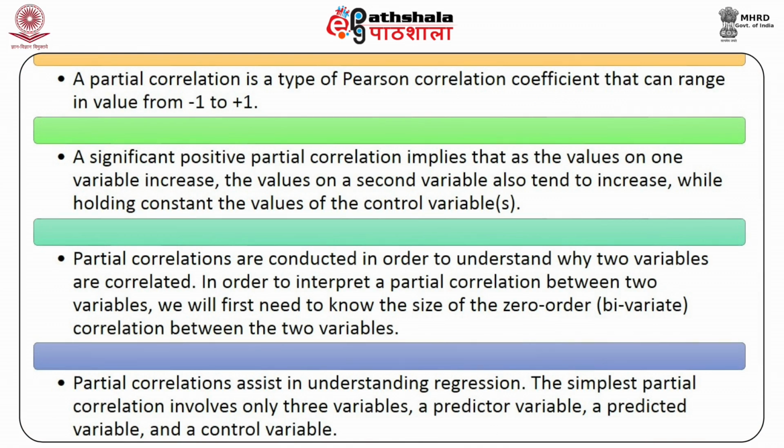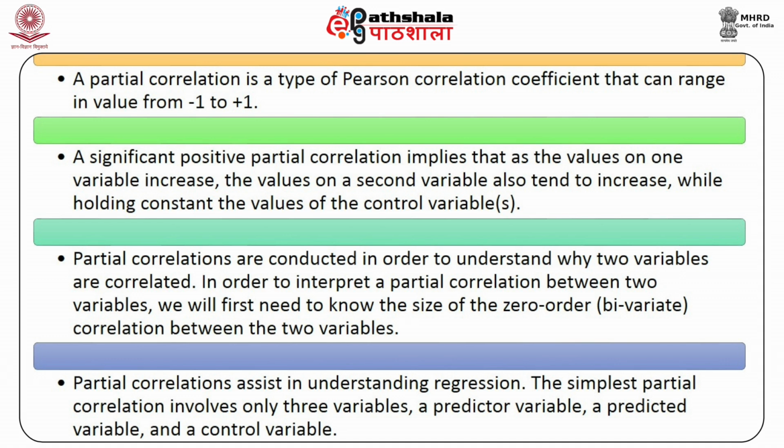A significant positive partial correlation implies that as the values on one variable increase, the values on the second variable also tend to increase, while holding constant the values of the controlled variable, the effect of which has been partialed out.